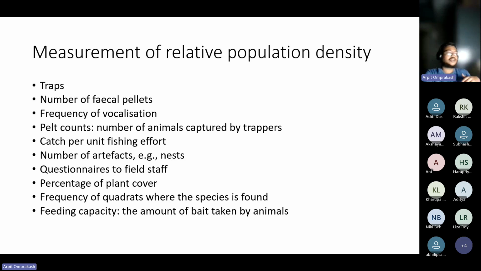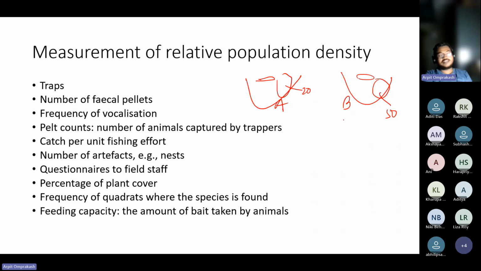For example, let's say you have two ponds, A and B, and you want to see relatively where the number of fishes is more. Here you put a net and you catch, let's say, 20 fishes. Here you put the same size of net and you catch, let's say, 50 fishes. That means B has more fishes, which is why you are able to catch more there.